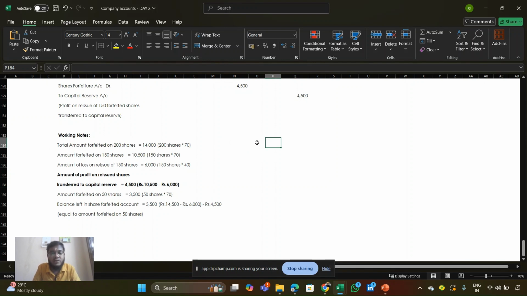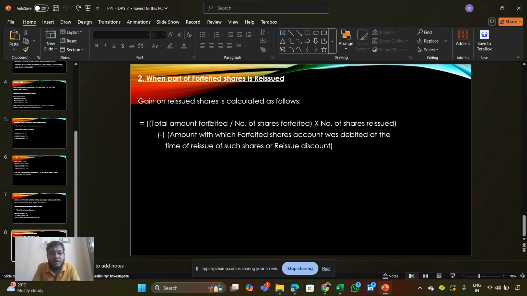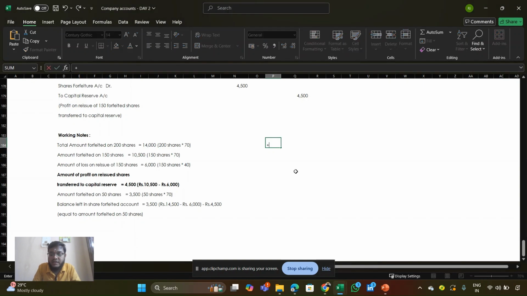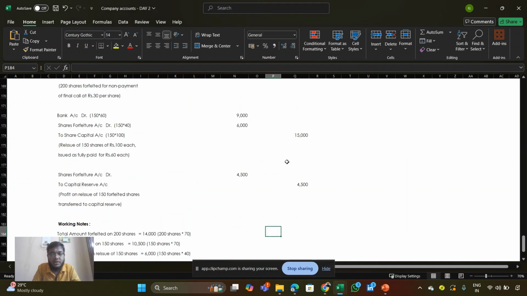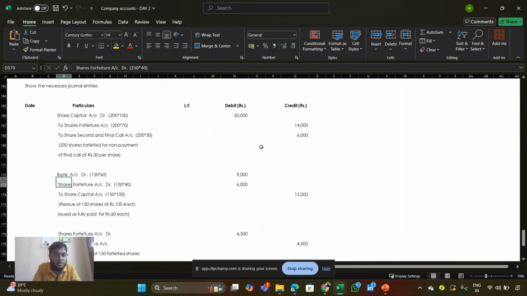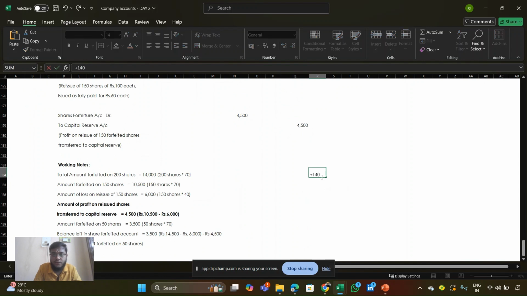In the formula calculation, what they have said is: total amount forfeited divided by number of shares forfeited. So how much is the total amount forfeited? Total amount forfeited is 14,000.